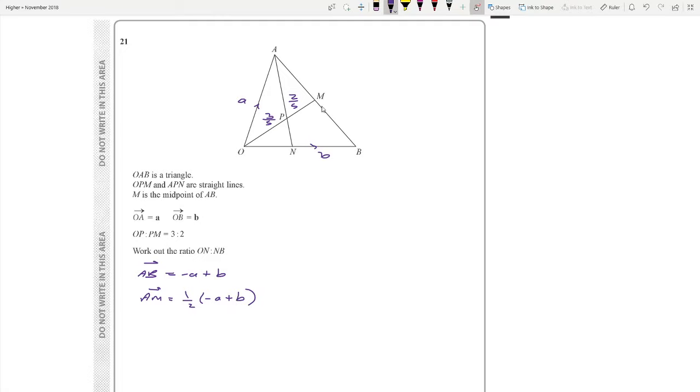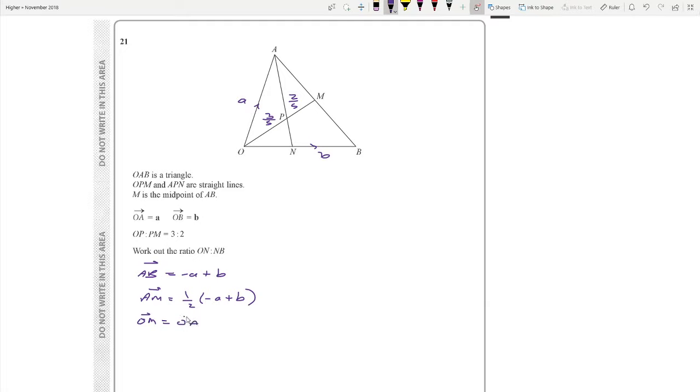We know what AM is. Can we work out the vector OM? Well, yeah, we can, because we know what OA is, and now that we know what AM is, we can work out the vector OM as well. I'll just write down now the journeys I'll be taking. So OM, we're going to go OA first.